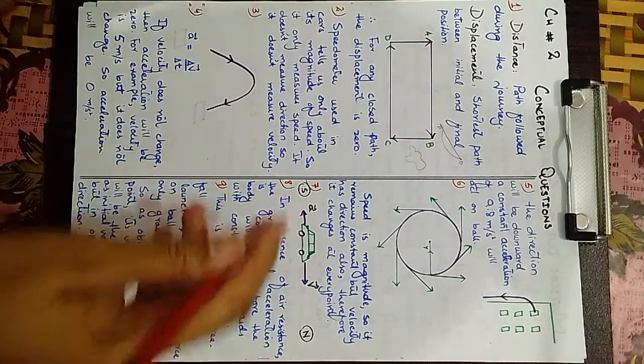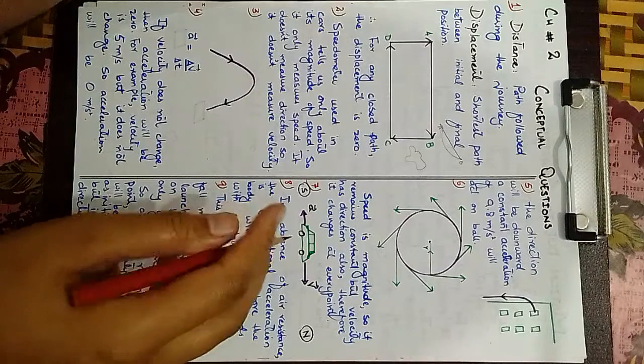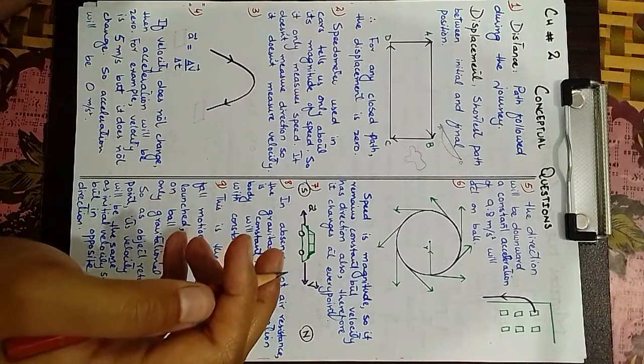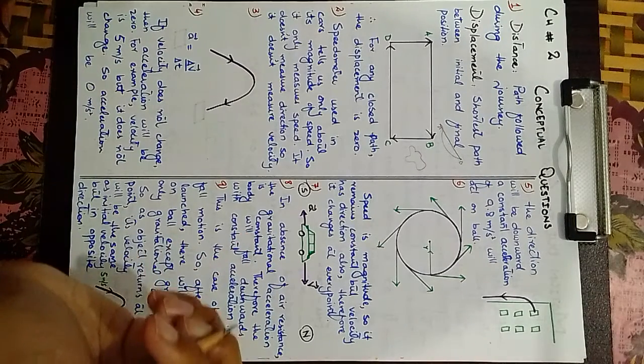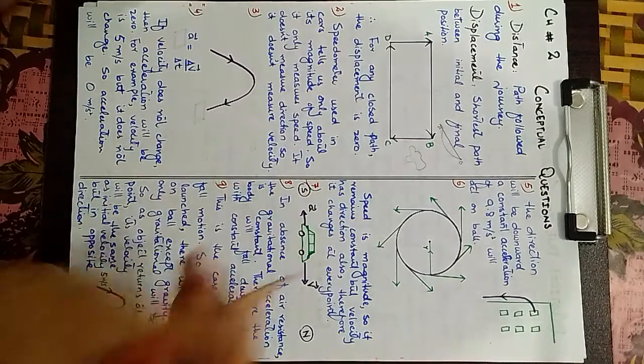Question 2 says that does a speedometer measure a car's speed or velocity? You must have used a speedometer in cars, and seen it too. That speedometer, of course, it just measures the speed, because it does not tell us anything about the direction of the car.